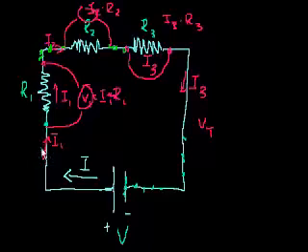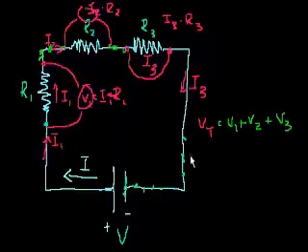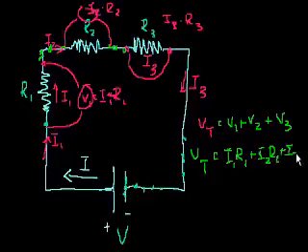And now let's go back to the convention, and let's say the current is going in that direction. The total voltage drop is equal to V1 plus V2 plus V3. So the total voltage drop is equal to I1 R1 plus I2 R2 plus I3 R3.